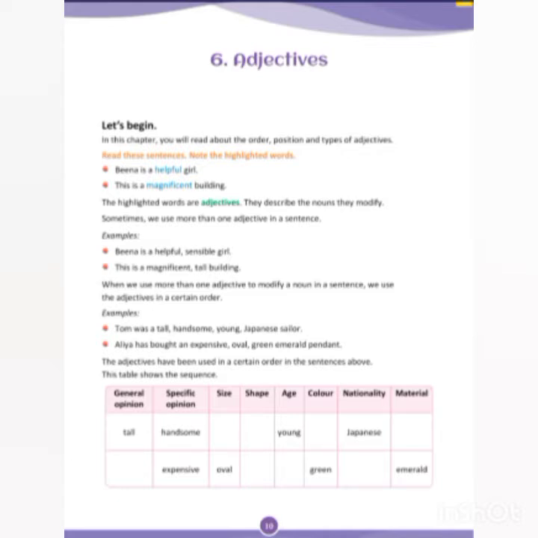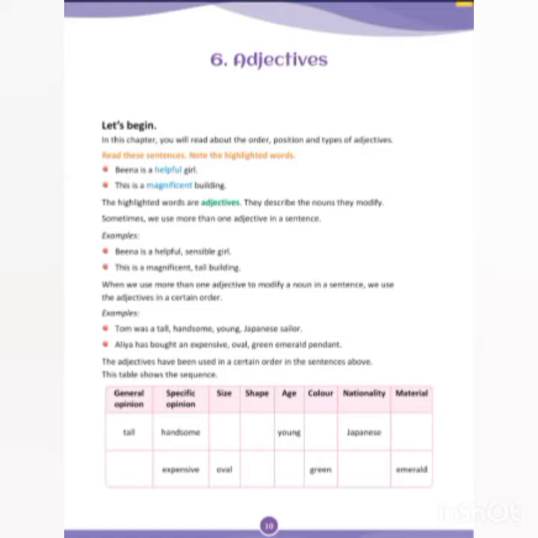Color, if color is given, so color, then nationality, Japanese is called your nationality. Origin, like Indian, American, Mexican, Canadian, like that. And if material is given, then material. So in the first sentence I can conclude that Tom was a tall, handsome, young Japanese sailor.